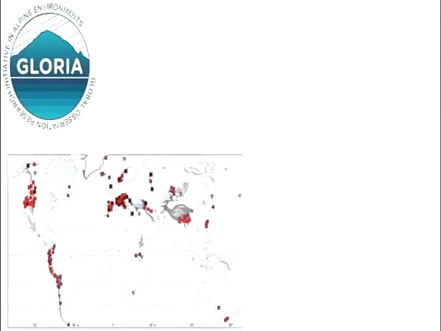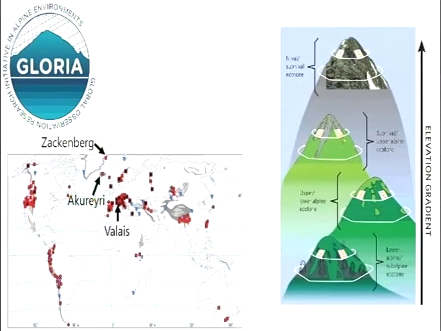It is composed of 130 sites around the world on 5 or 6 continents, depending on how you count, and each of the sites is composed of 4 summits from the low alpine to the limit of the nival zone, to the limit of the cryosphere. And we focused on these 2 sites, near Akureyri, in the subarctic, 64 degrees, and Zackenberg on the east side of Greenland.